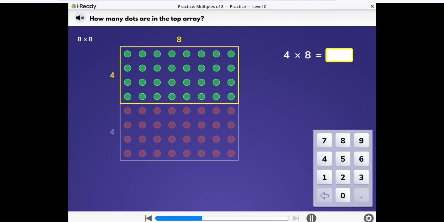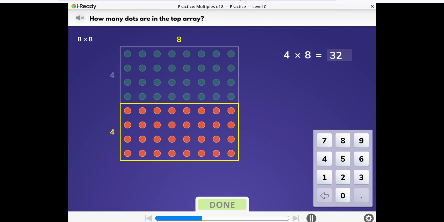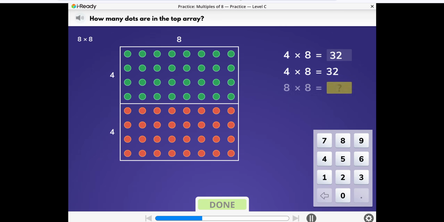I know the answer. It's 32, guys. So, we got it right. The top array has 32 dots. The bottom 4 by 8 array also has 32 dots. How many dots are there in all?